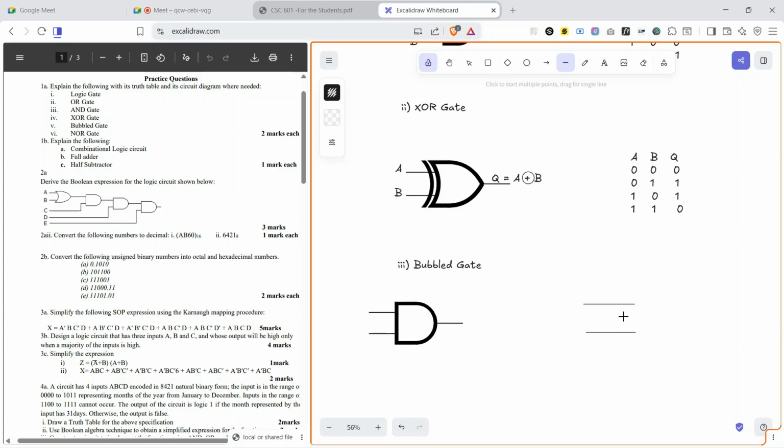It will be a representation of bubbles anywhere there is no bubble, and it will be the inversion of this. So this is an AND gate. It means what we will have will now be an OR gate.